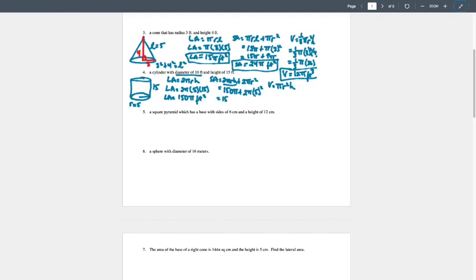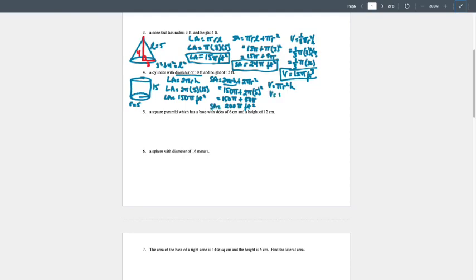So that's 150 pi plus 5 squared is 25, and 25 times 2 is 50, so 50 pi. So that gives me 200 pi. Those are like terms, so we can go ahead and add those together. They both have a pi attached, and then my units are feet squared. So that's your total surface area.